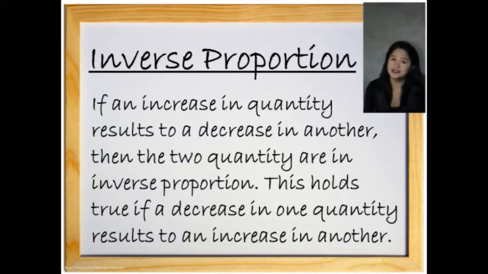Let's give a real life example. For example, one person can build a house in 1 year, but it will only take 20 persons to build a house in just 3 months. So the more people do the job, the less time they will consume to finish the job.